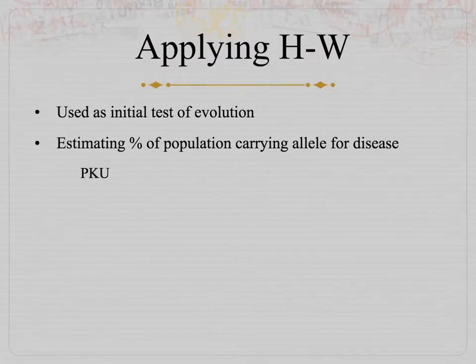So to apply Hardy-Weinberg, we can use this again as the initial test for evolution, and that's going to help us estimate the percent of the population that could have something, for instance, carrying a disease like phenylketonuria. These are the people that cannot process phenylalanine.